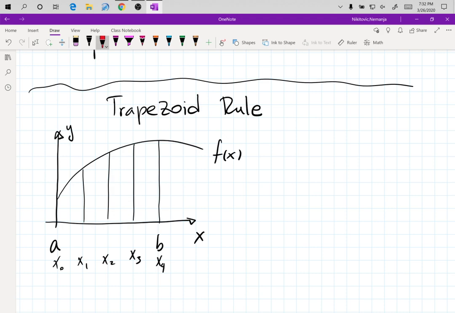Now, we are going to connect these edges with a straight line like that. It creates a trapezoid.